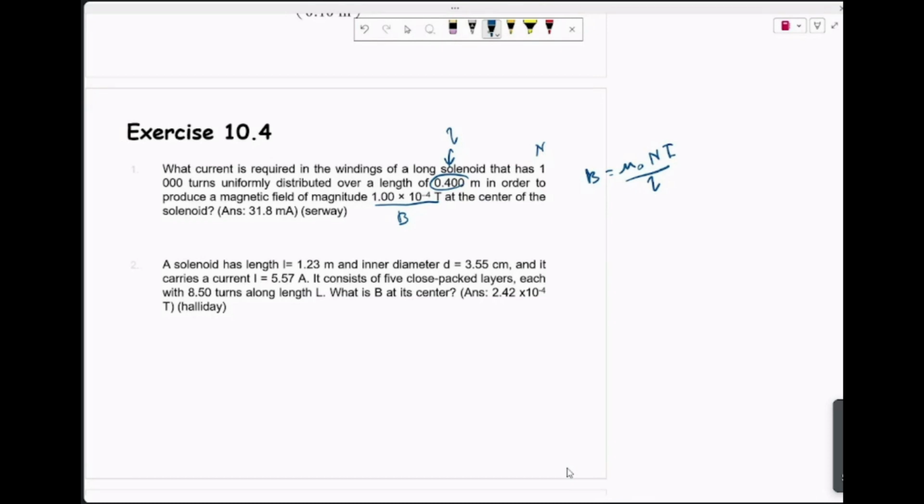The question asks for the current, so current is the one we're looking for. Mu can be obtained, B is given, and L is also given.